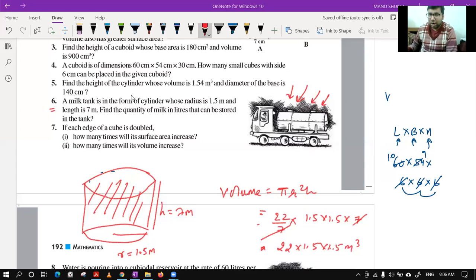Now tell me, how will you find the answer in liters? They are asking the answer in liters and you have got the answer in meters cube. So class, we need to have a relation between 1 meter cube and liters. Yesterday also we have discussed that. Please tell the relation between 1 meter cube and liters.